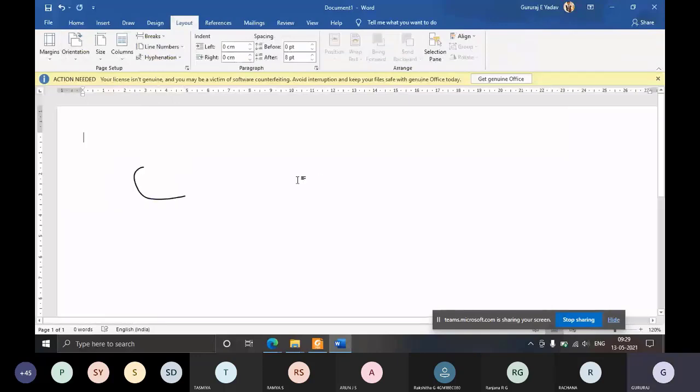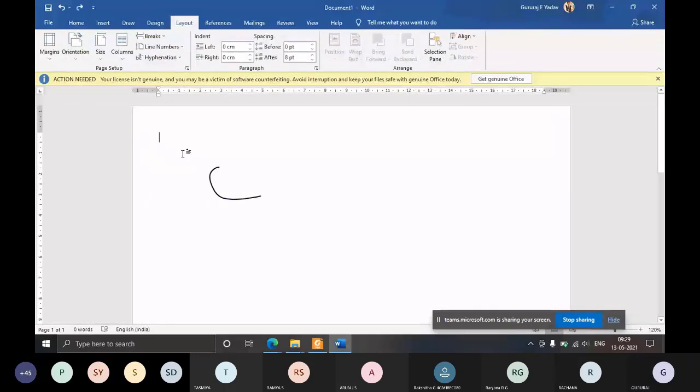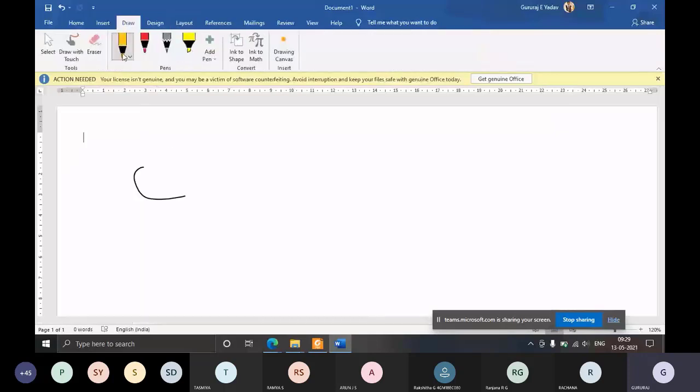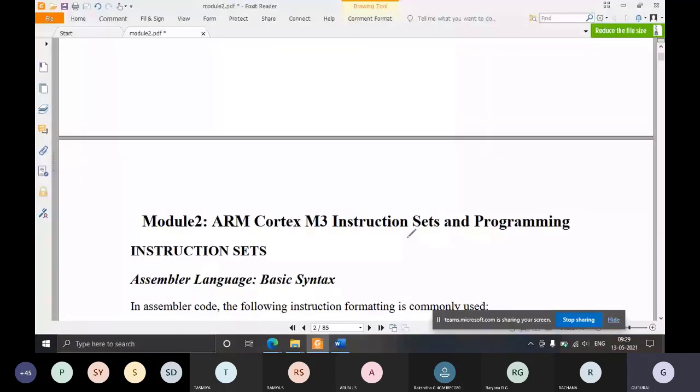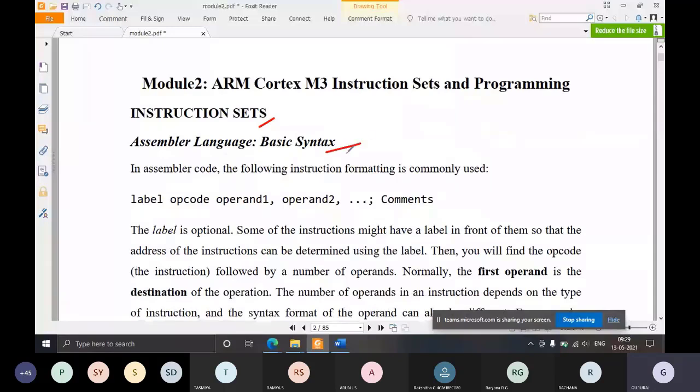So with this basics, we shall go to the assembly language supported by Cortex M3, which are the instructions that Cortex M3 supports. So ARM Cortex M3 instruction sets.